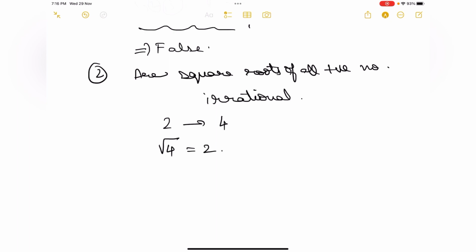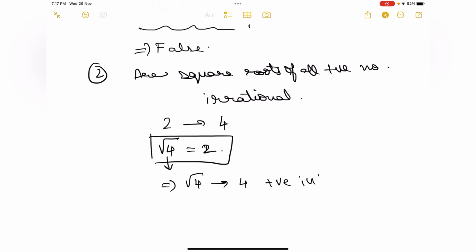It is 2, right? 4 is a positive integer and 2 is its root, which is not irrational.